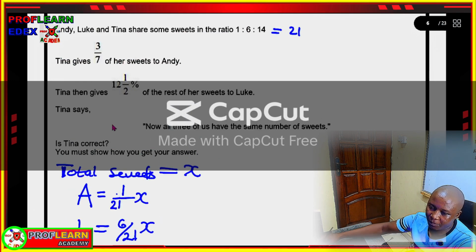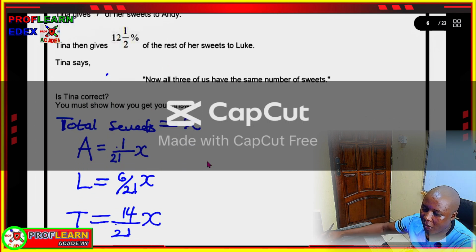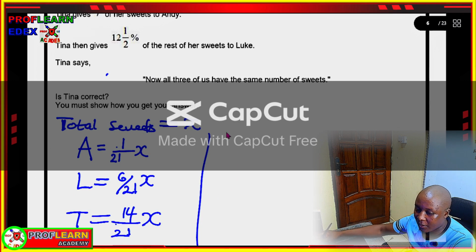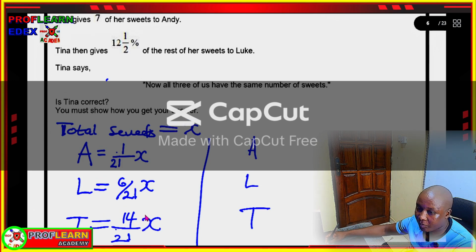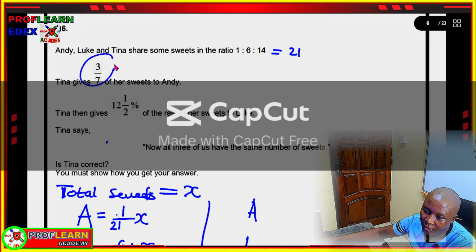Then we are told that Tina gives 3 over 7 of her sweets to Hadi. So let's check. We shall have Hadi, Luke, and Tina. Tina is going to give 3 over 7 of her sweets to Hadi.